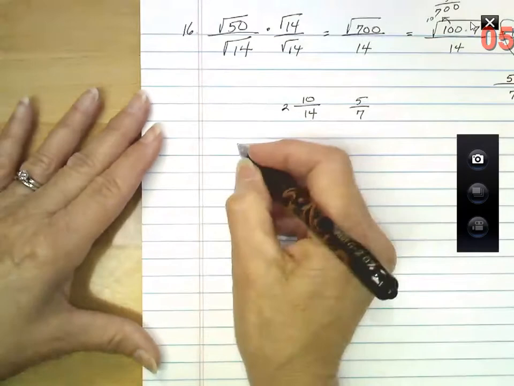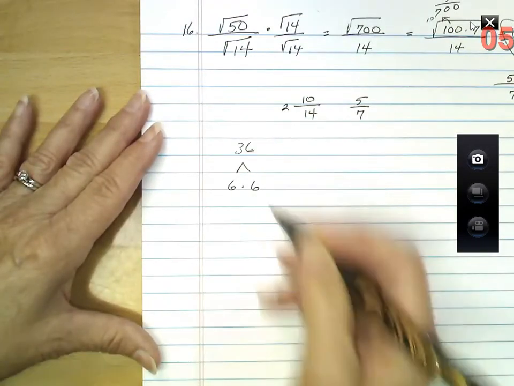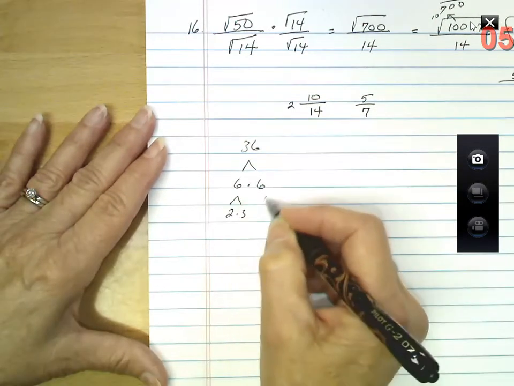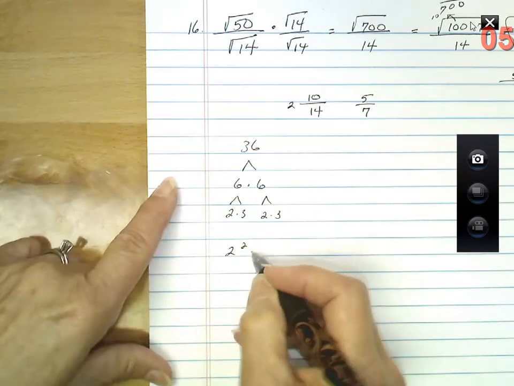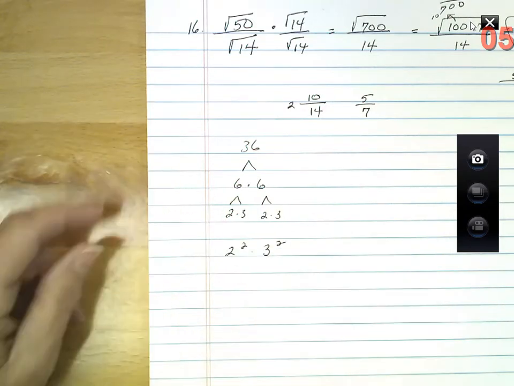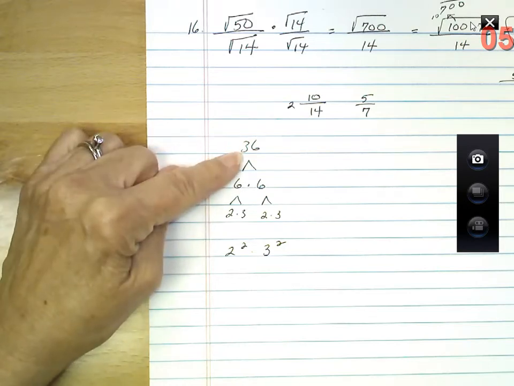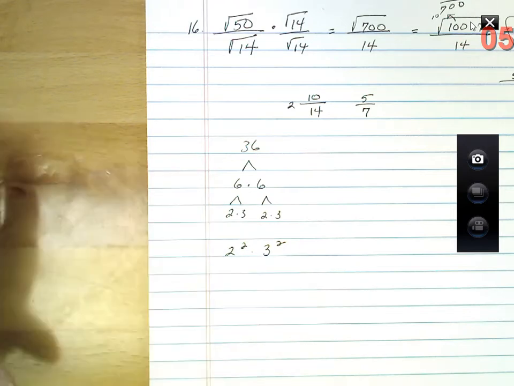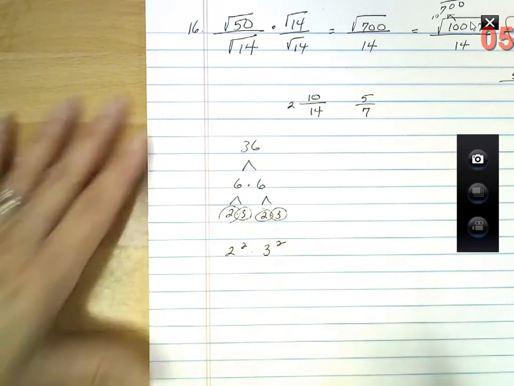If you had something like 36, some people would see that as 6 times 6. Break that down into 2 times 3, and that down into 2 times 3. You've got 2 squared times 3 squared. Other people would have seen this as 4 times 9 or something like that. It doesn't matter how you start, but when you get to prime numbers, you're at the end.